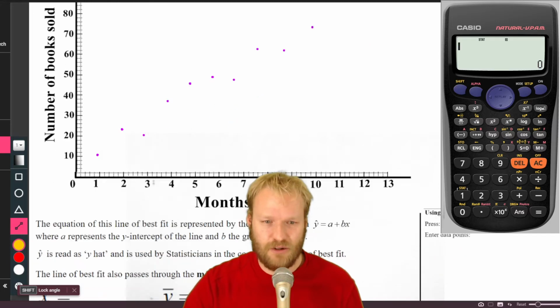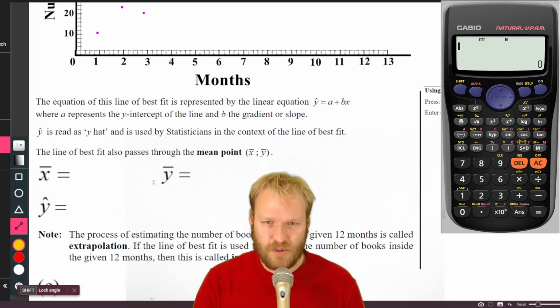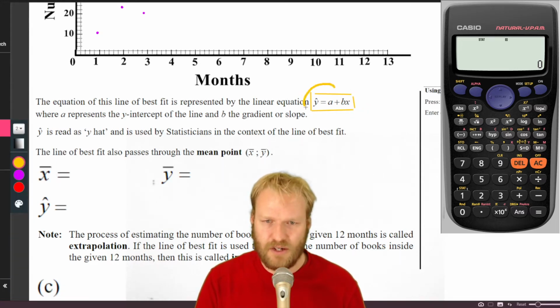Now what we're looking for is the equation for this straight line. Our equation is like y equals mx plus c, but we'll do it the other way around: the y-intercept plus bx, and we read that as y hat. So let's see what that is in our calculator.